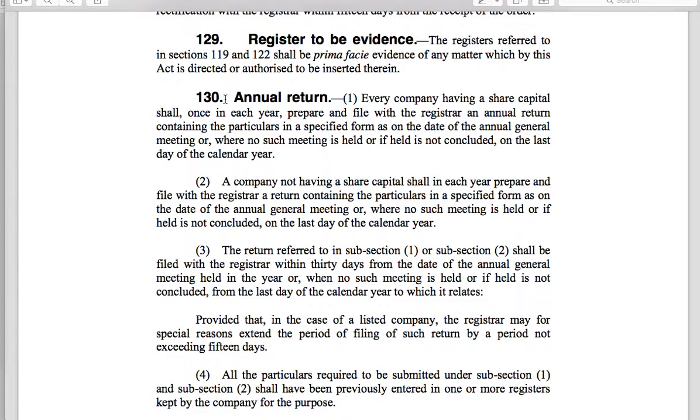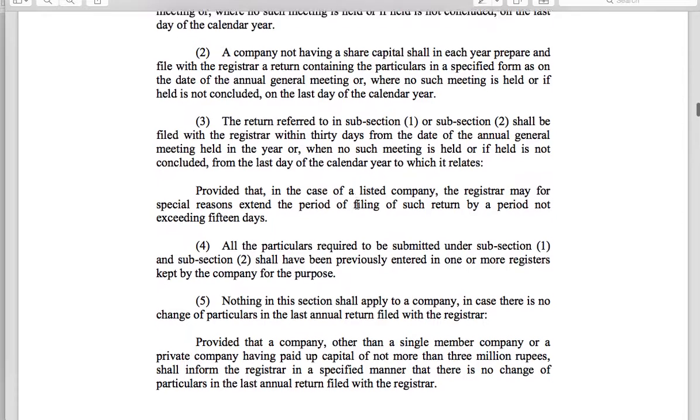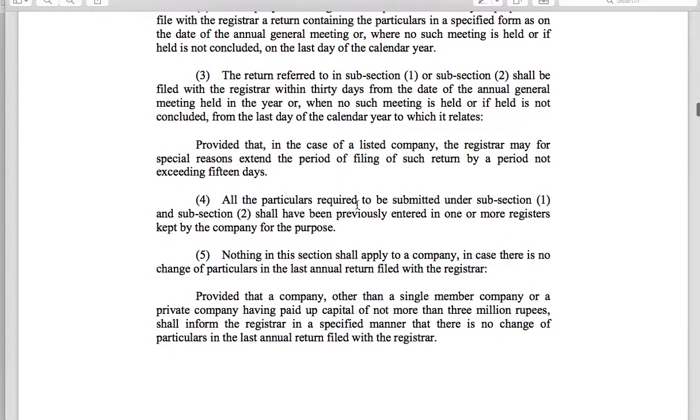And a slight correction: the annual return, form A, is issued according to section 130. Every company having a paid up capital, be it a single member company, a listed company or a private company, has to issue form A telling what the share capital is, who the directors are, and what changes have been made.